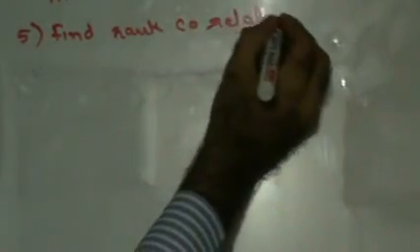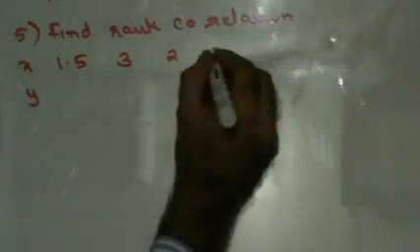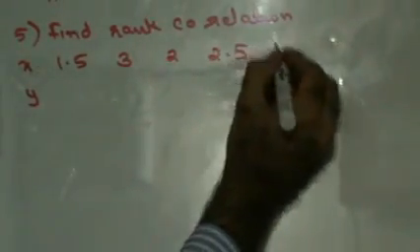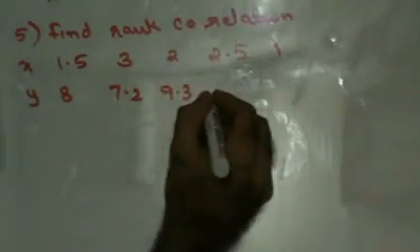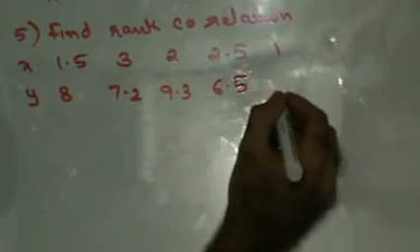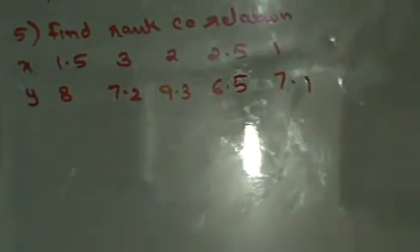Find rank correlation. The data for X and Y is 1.5, 3, 2, 2.5 and 1, and for Y, 8, 7.2, 9.3, 6.5 and 7.1.